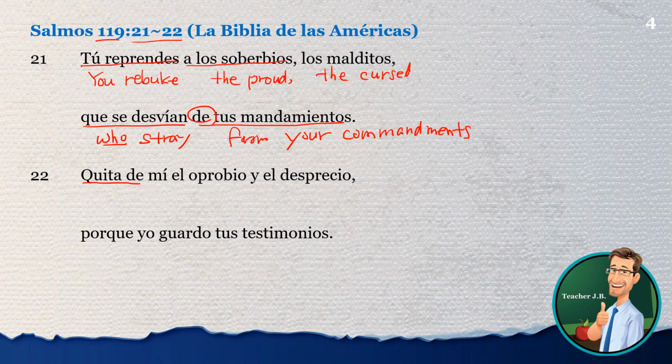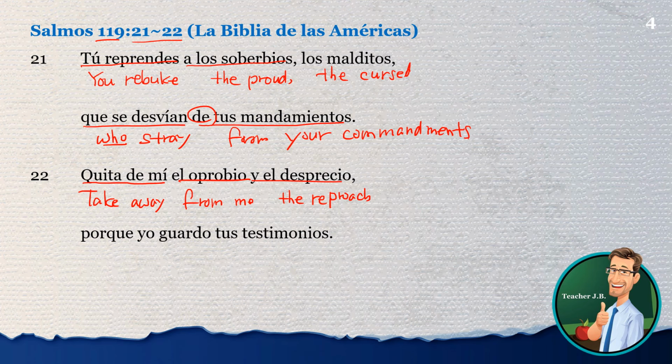Quita de mí. Take away. Away. De mí. From me. Take away from me. El oprobio. El oprobio is the reproach. El desprecio.